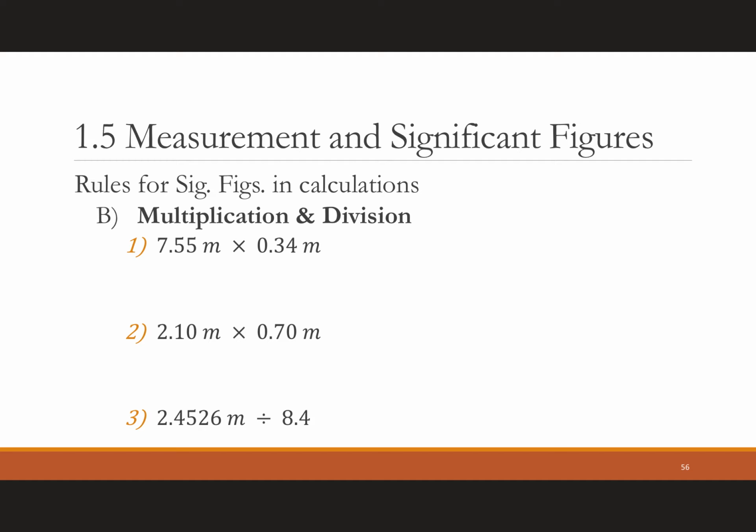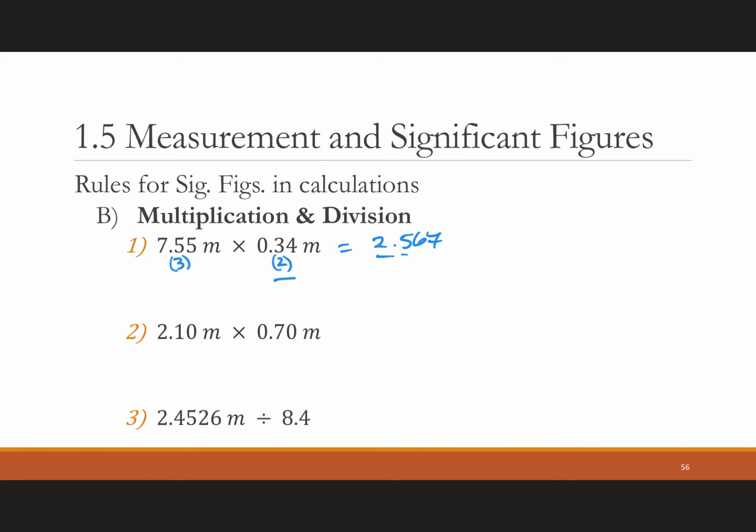All right, so here's some examples of multiplication and division problems, rules for significant figures. 7.55 times 0.34. We have 3 sig figs to 2, so your answer has to be to 2 significant figures. Okay, so this will come out on your calculator to 2.567, which has 4 numbers shown, but we're rounding it to 2.